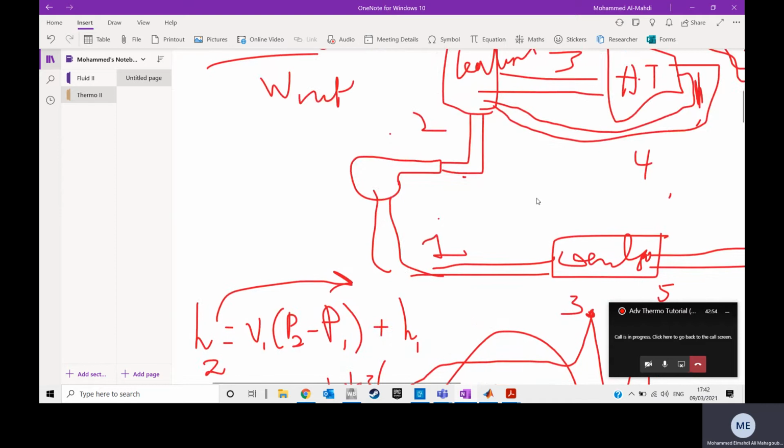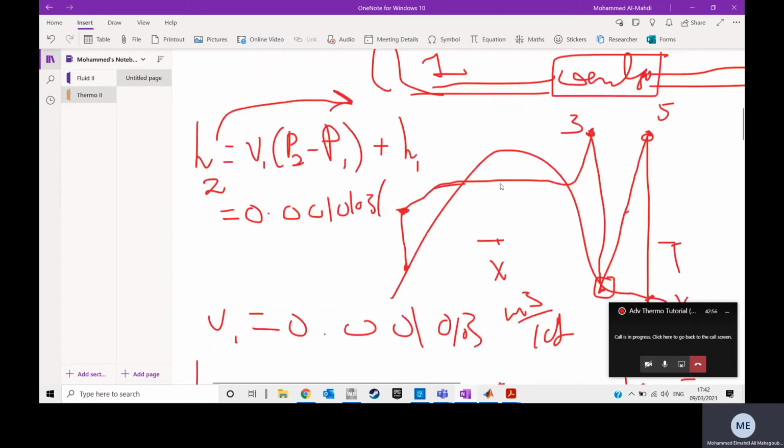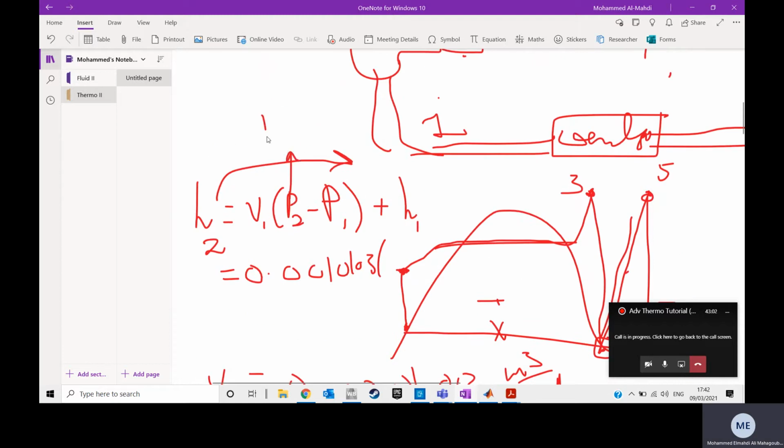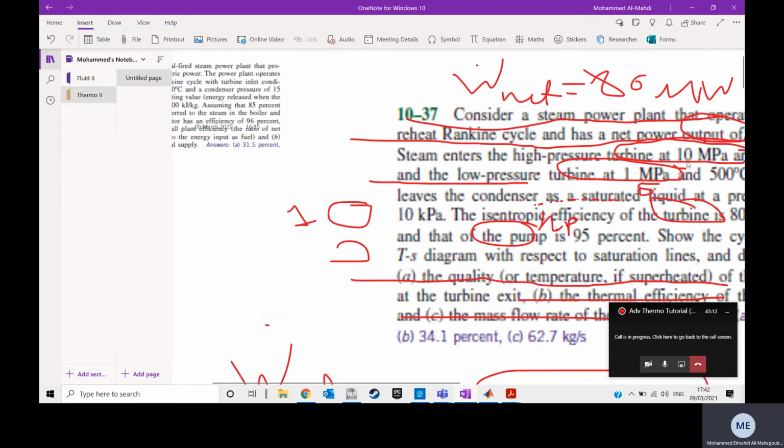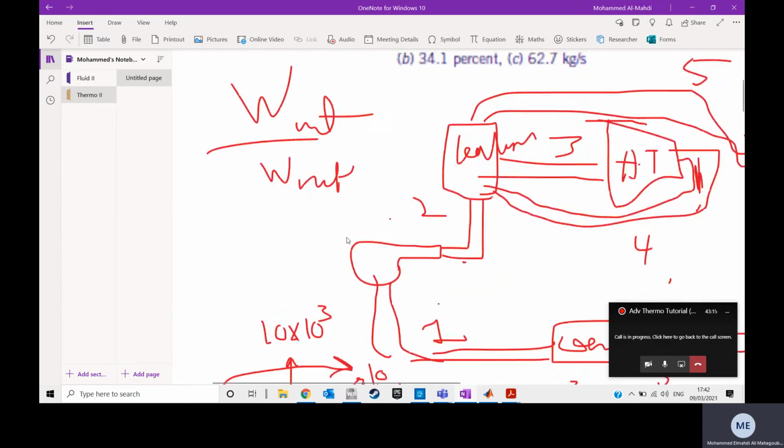So in this cycle, you have three pressure limits: the upper pressure limit, the intermediate pressure limit, and the lower pressure limit. Here I have 10 megapascals, which is 10 times 10 to the power 3 kilopascals, and 10 kilopascals. 10 mega and 10 kilo.